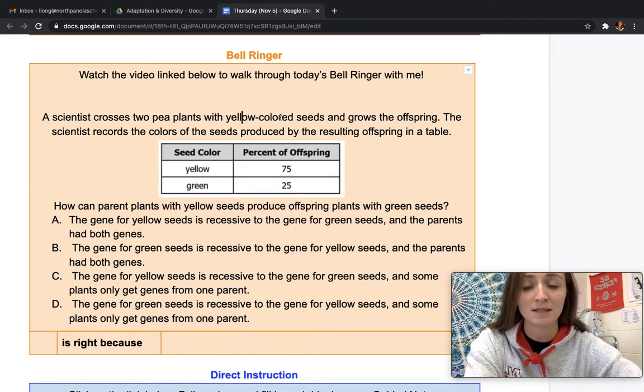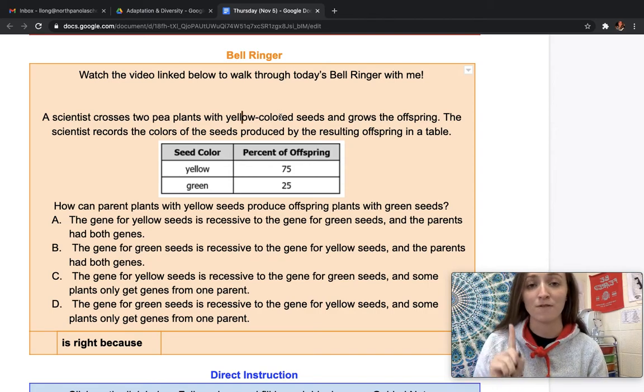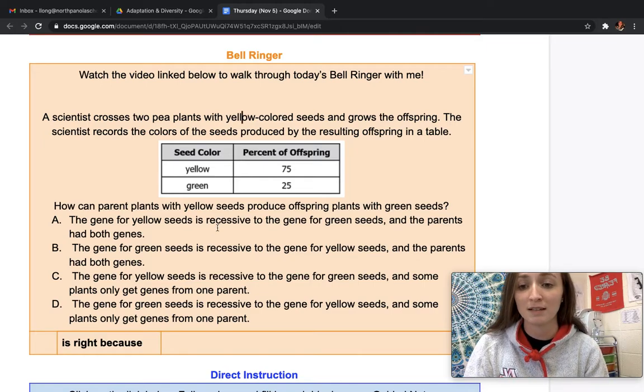So that means that the recessive gene in this case is going to be green because they had it, but they weren't showing it. You weren't seeing it in that phenotype. So they obviously had a copy for yellow, and since they only had one copy, it showed up, which means that it is the dominant trait. So green is recessive, yellow is dominant. So we can automatically get rid of choice A and get rid of choice C.